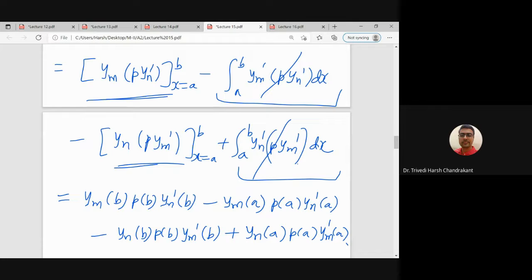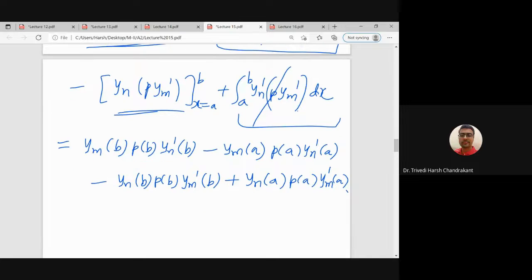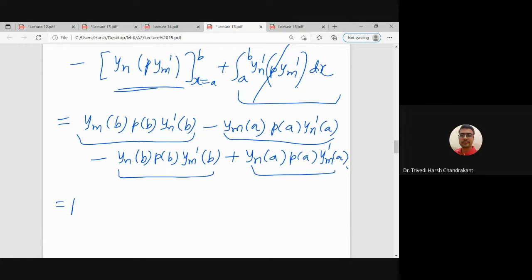And what are a and b? A and b are the endpoints of the interval on which we are looking for the solution. So now from these terms we can see that the first term and the third term involve p b, and these two terms involve p a. So let us separate these terms.